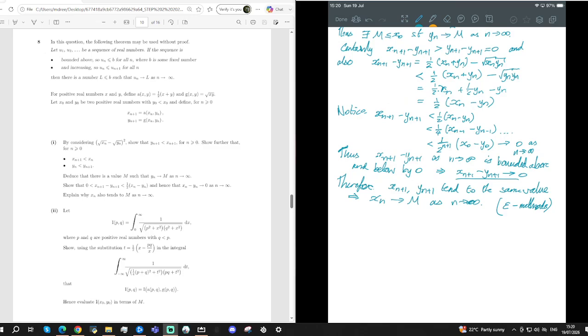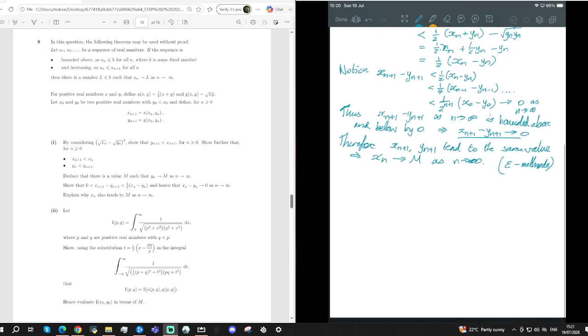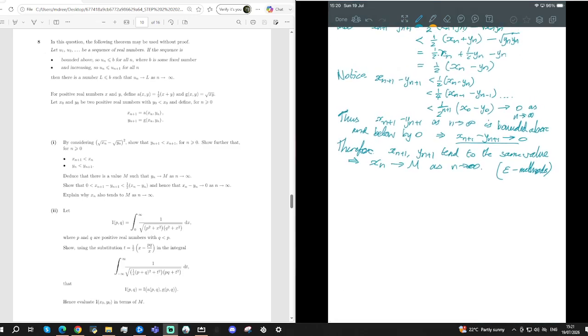But every single one of these proofs starts with let epsilon be a small positive value, leading to probably my favourite joke of all time, let epsilon be negative. And that is inexplicably hilarious to mathematicians who have spent some time doing analysis. Hey, that's part I done then.